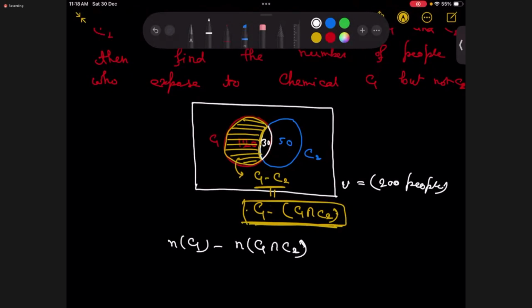So if we eliminate only those elements from C1, we are left with the number of students who are exposed to chemical C1 but never exposed to chemical C2. This answer will be 120 minus 30, which equals 90. So 90 people got exposed to the chemical C1 but not C2.